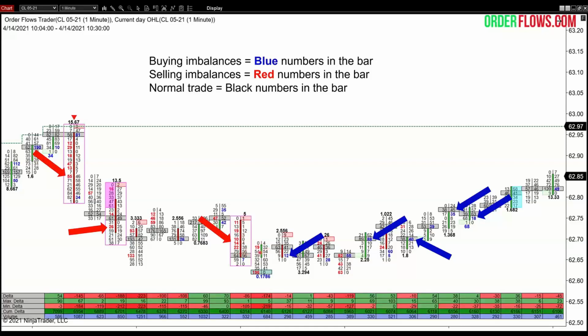Because remember, markets exist to facilitate trade, for people to transfer risk from themselves to somebody else, or people to take on a risk. But when you have an imbalance of buyers versus sellers, that's important information. It's telling you people are happy to either take on the risk, or people want to transfer the risk.